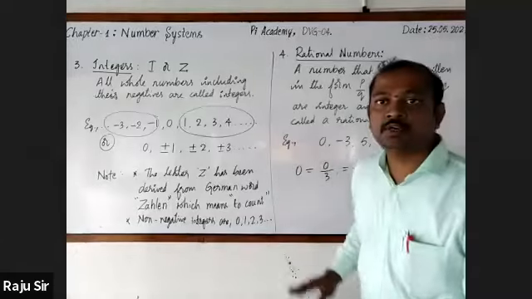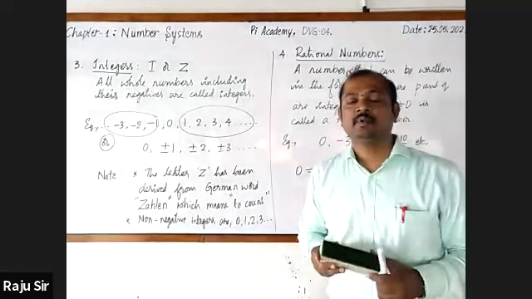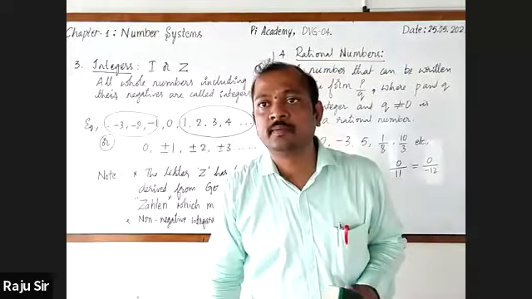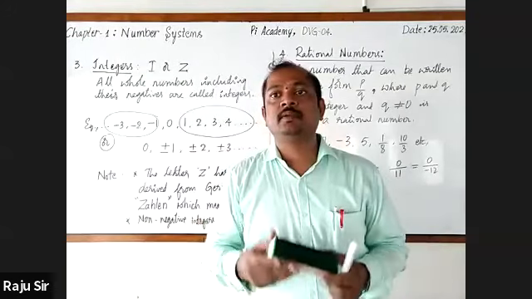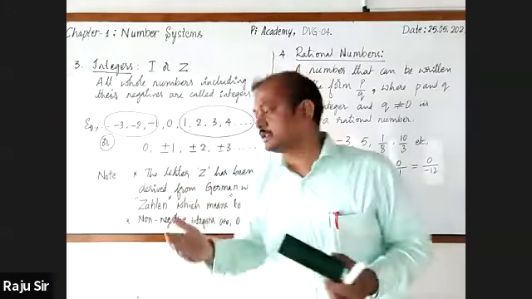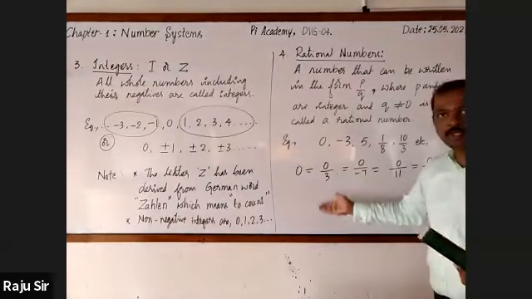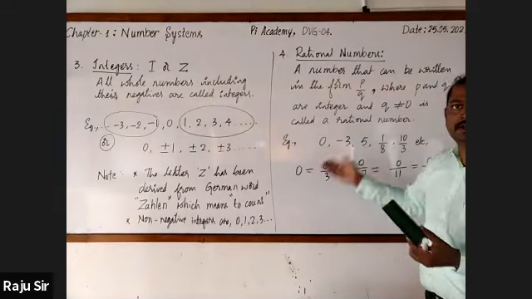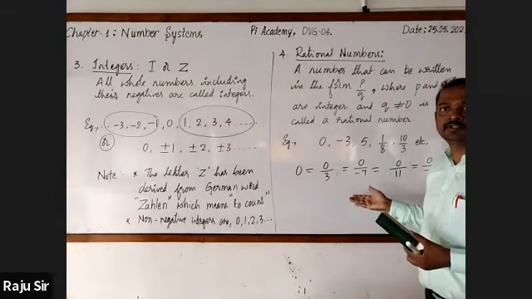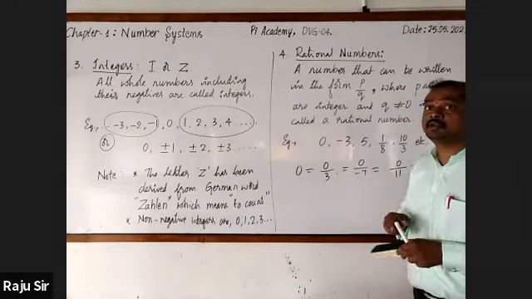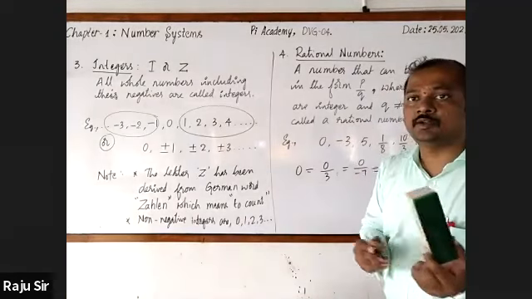Therefore, 0 is a rational number. 0 is a rational number because it can be written in the form P by Q as 0 by 1, 0 by 2, 0 by 3, 0 by minus 1, 0 by minus 2, and so on. But you cannot write 0 by 0.